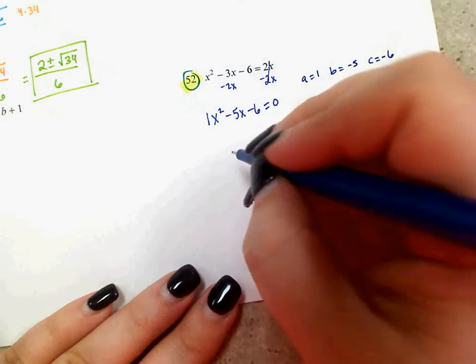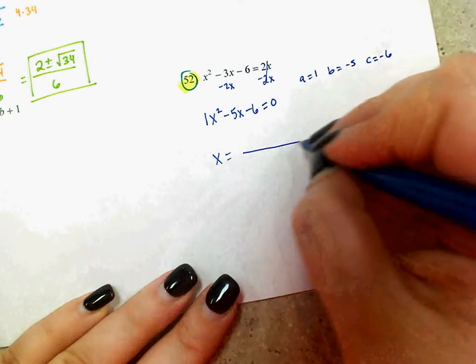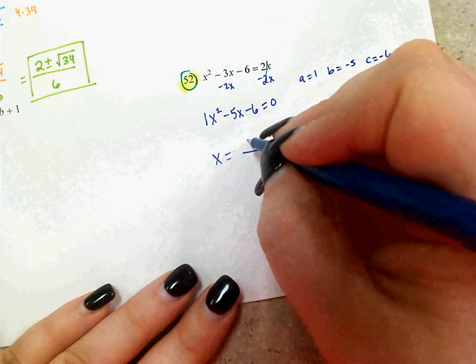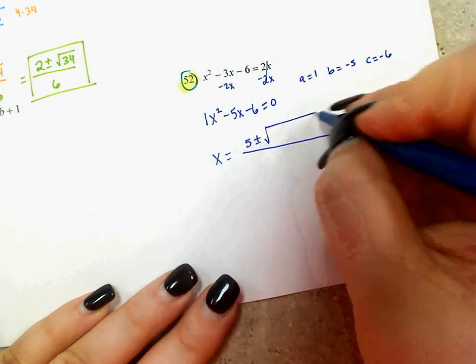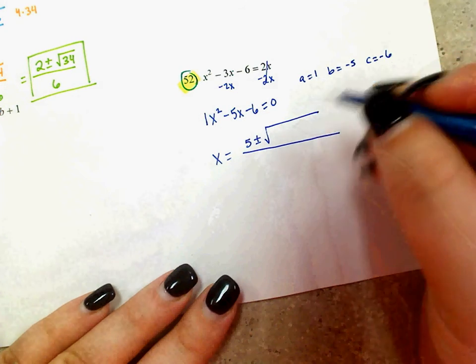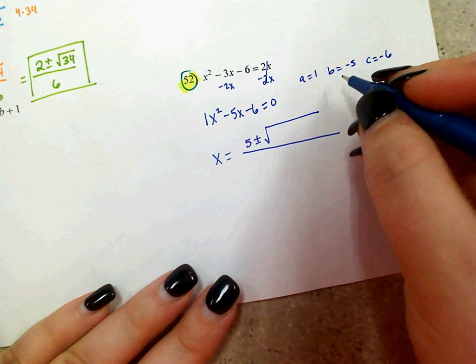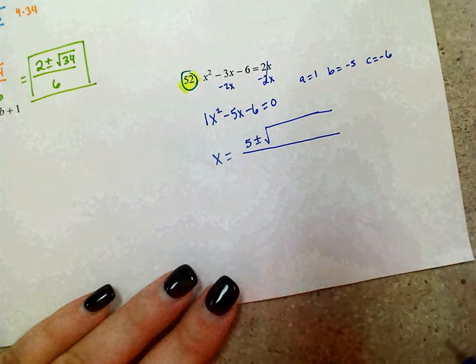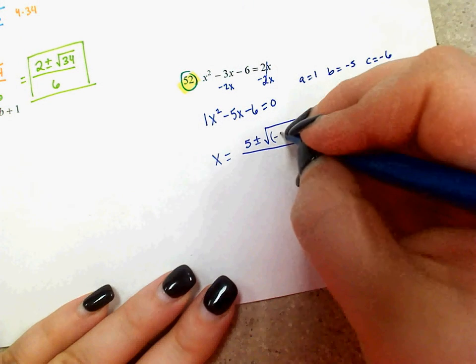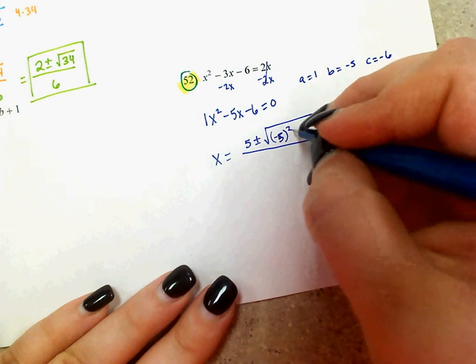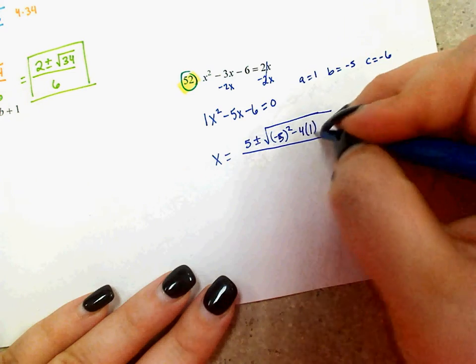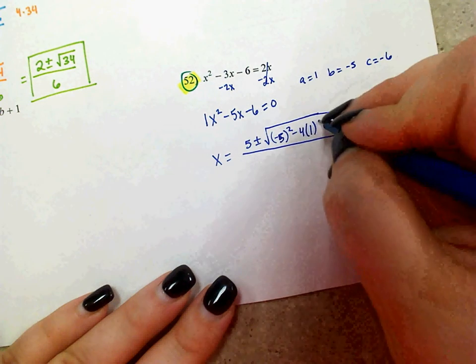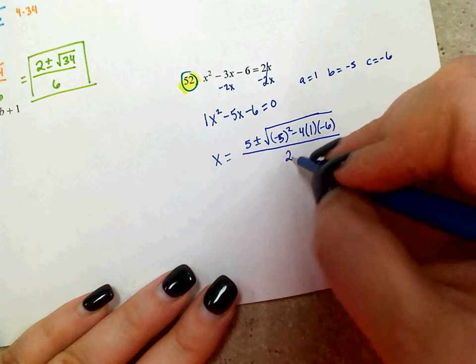So I've got x equals negative b, it's already negative 5, so positive 5 plus or minus the square root of b squared. Now I'm going to write negative 5, quantity squared, but if you want to go ahead and write 25, you totally can. Just make sure you make it positive, okay? So negative 5 squared minus 4 times a, which is 1, which you don't have to write, and then times c, which is negative 6, all over 2 times a, which is 1.